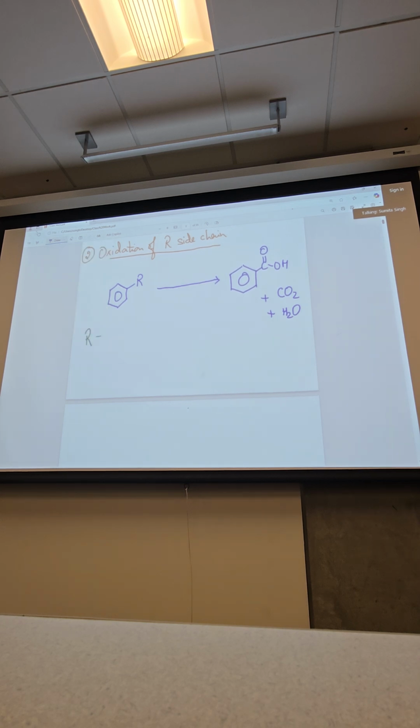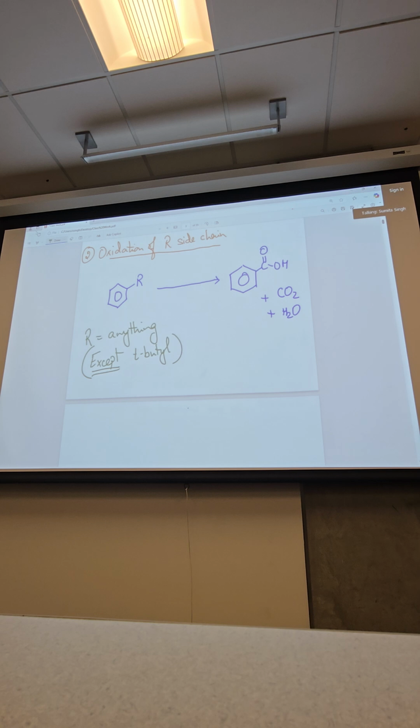R can be anything except there is only one exception, and that is a t-butyl group. T-butyl group for some reason is immune to this reaction, does not undergo anything when this reaction happens, it stays intact. But otherwise, R can be anything, any alkyl side chain, and it will undergo this reaction.